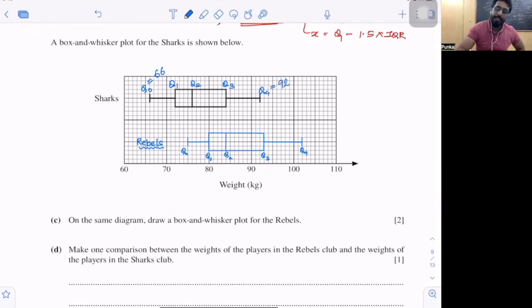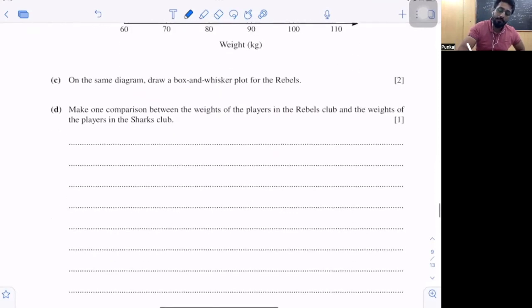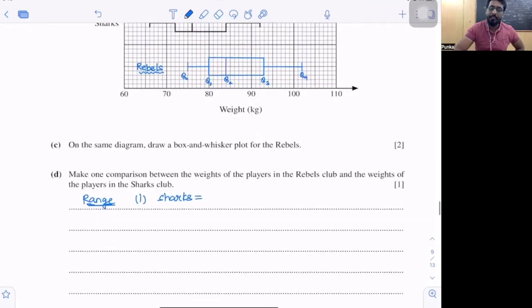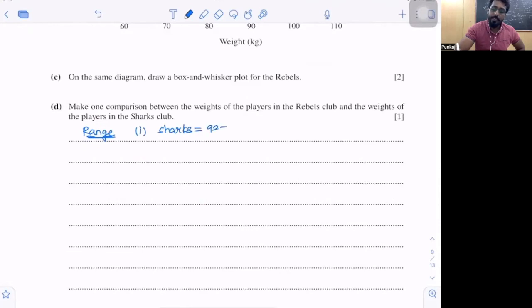So what's the range for Sharks? If I want to get it for Sharks, it's going to be 92 minus 66. Very quickly, let's get that data also. 92 minus 66, it's going to be 26.